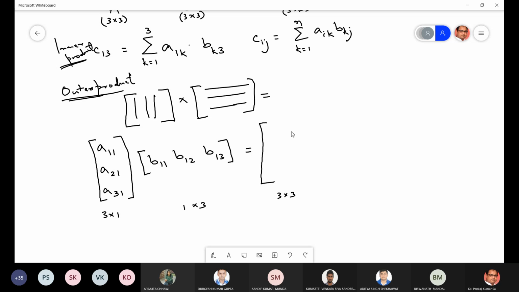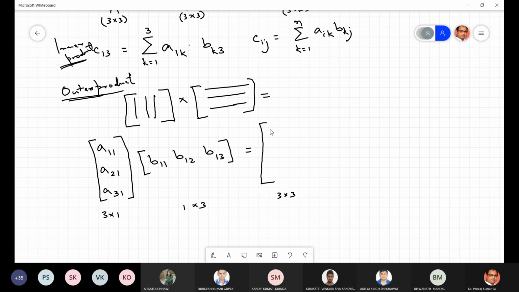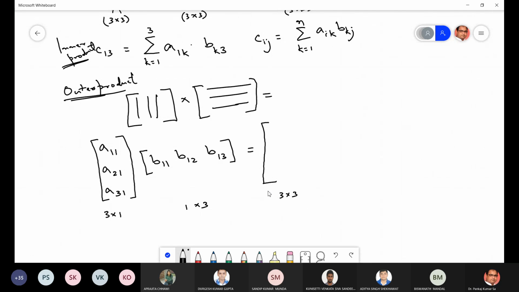Now let me write it. This would be much clearer in that case. A11 B11, and the second element becomes A11 B12. Third element is A11 B13.